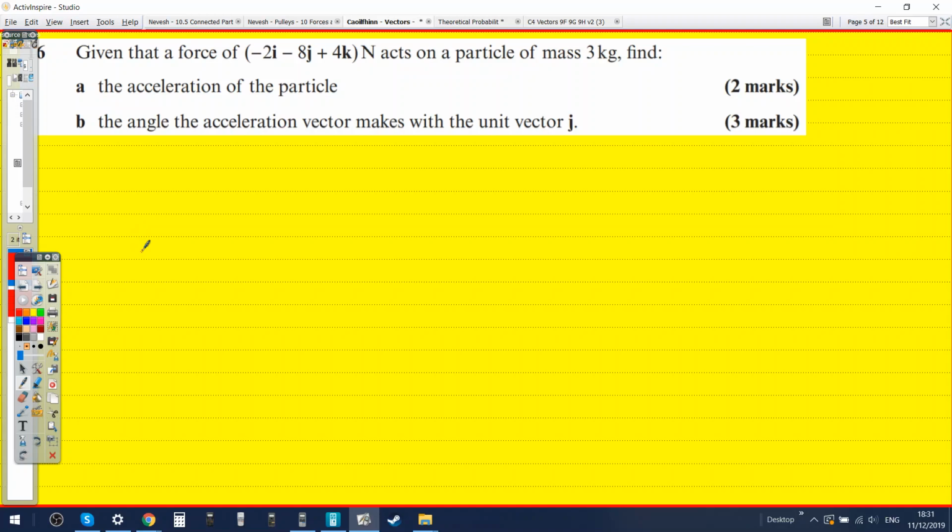How do we find the acceleration? Do you know any equation that involves force and mass and acceleration? Force equals mass times acceleration. Yeah, and it's always that one. You use it a million times.